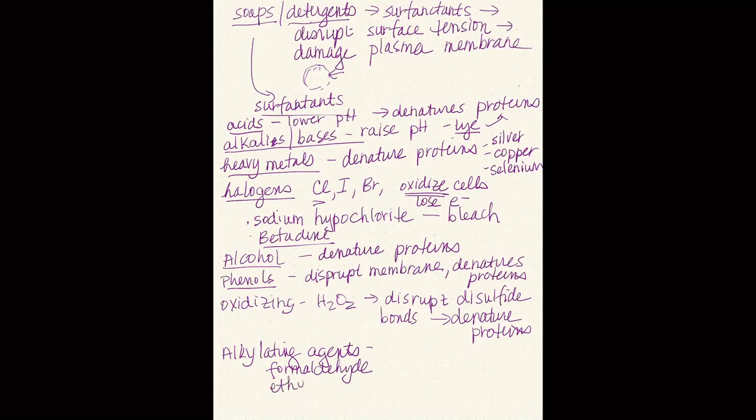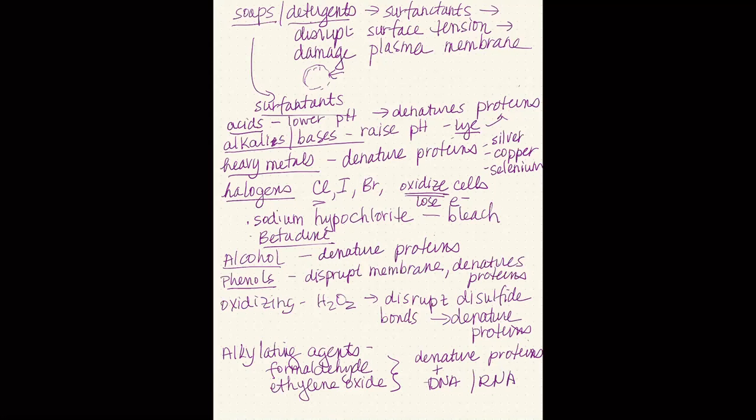You don't want to use these unless you have the appropriate PPE, like a mask that filters it out. What they do is break down proteins, so they denature proteins, and DNA and RNA. So they're nasty. They're really, really nasty.